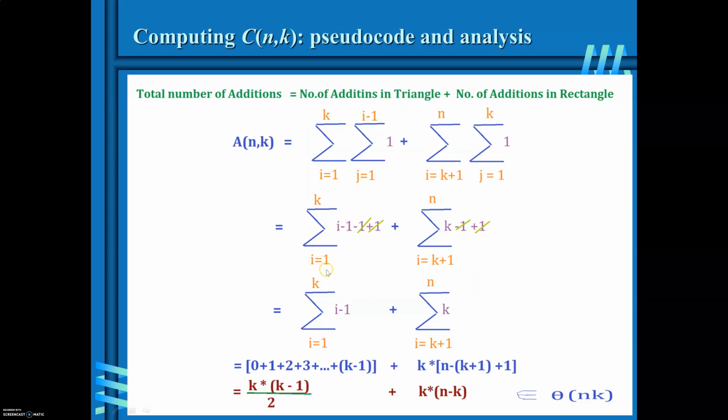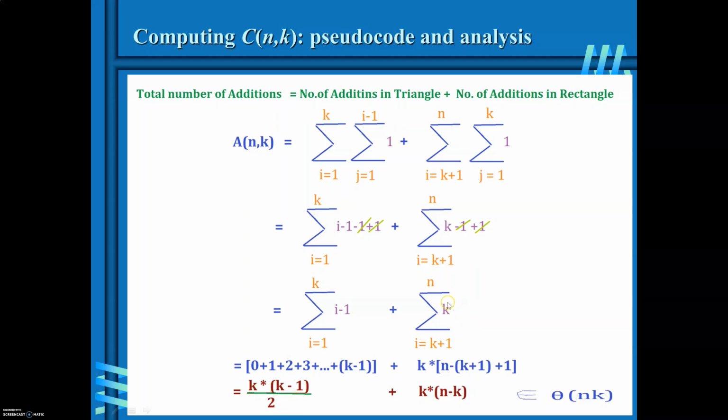Now i is taking the value from 1 to k. Substitute those values in this i minus 1. When you substitute, the end result is 0 plus 1 plus 2 plus 3 and so on up to k minus 1. So the sum of natural numbers up to k minus 1 terms is equal to k into k minus 1 by 2.